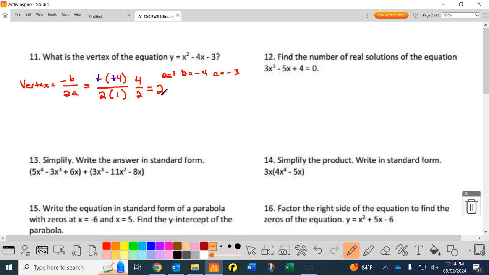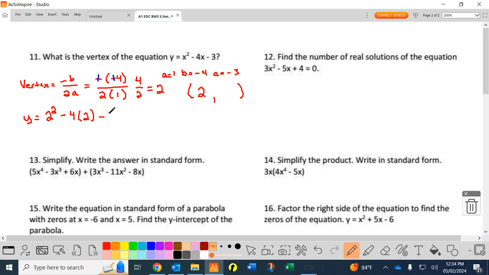Alright, now remember your vertex is a point. 2 is going to be the x. We need to find the y. In order to find the y, we would need to plug into this equation. We're going to need to plug in 2 for x in the equation. So we're going to write y equals 2 squared minus 4 times 2 minus 3.